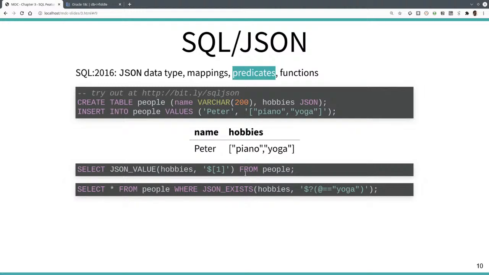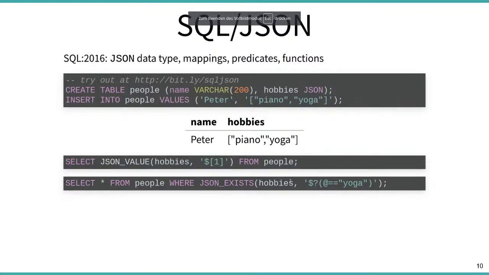For a predicate, we see an example here, JSON exists. Again, the first argument is the JSON data, which is in our column hobbies. And the second argument is again a path expression. So this is a path expression that is evaluated on the data.